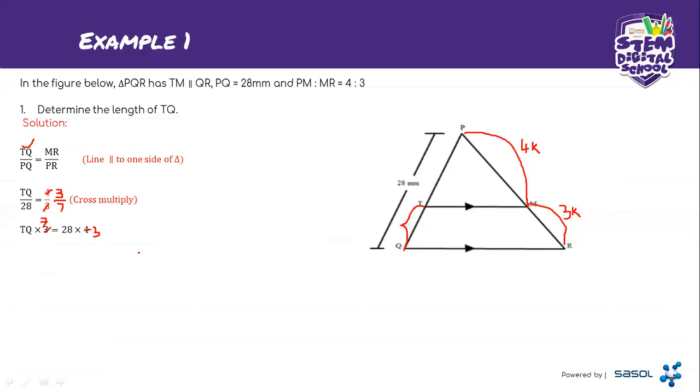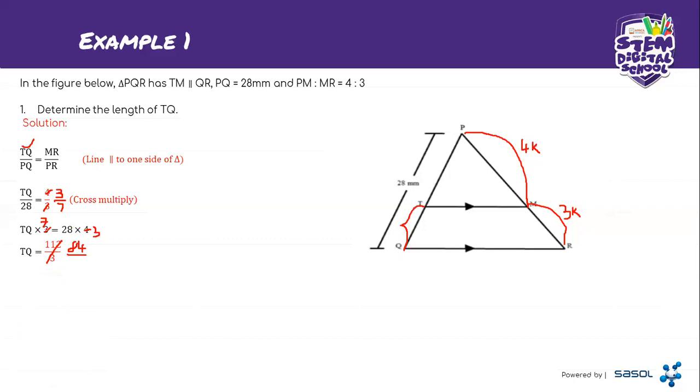If we say 28 times 3, it gives us 84. Then let's cancel this one here. Then it's going to be 84. Let me remove this and write 84. 84 divided by what?